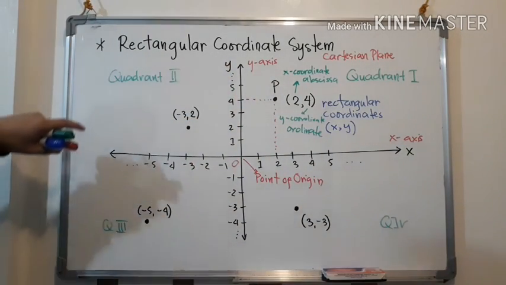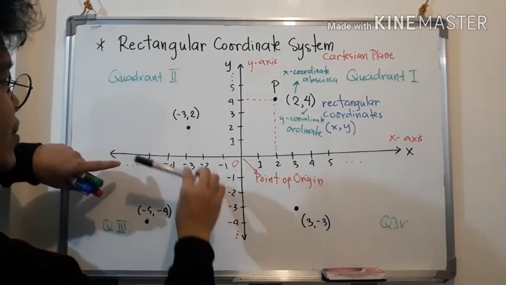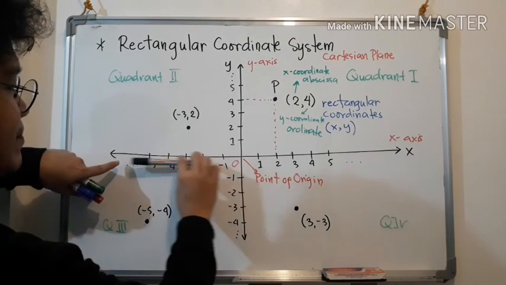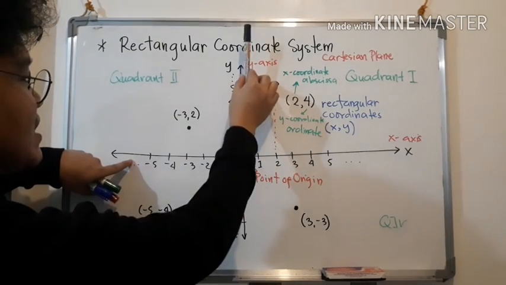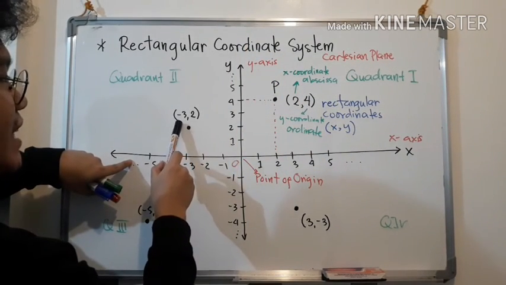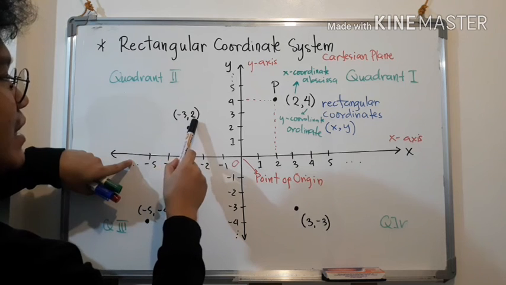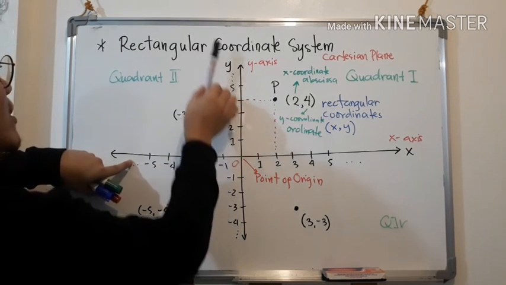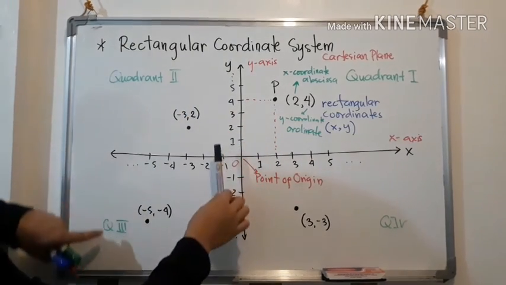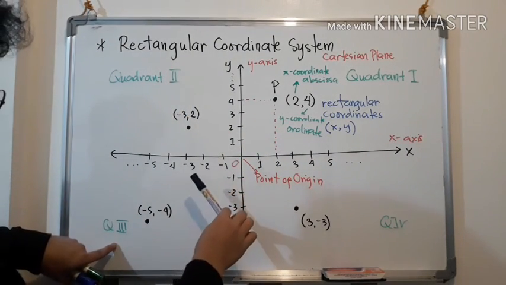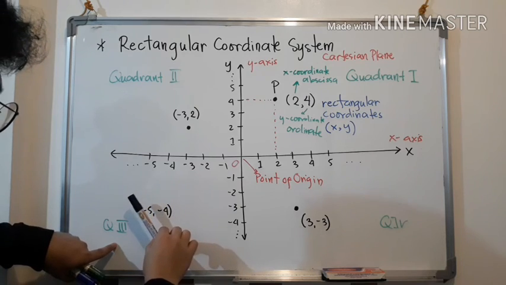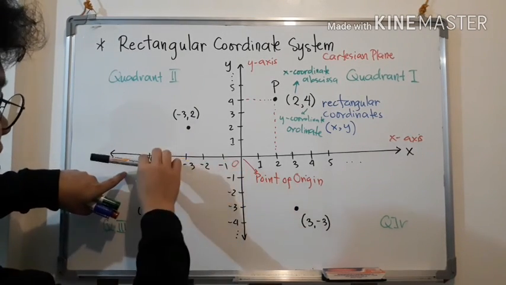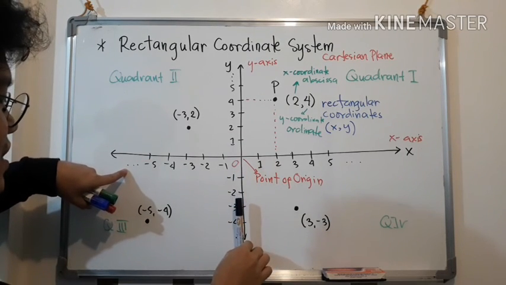Now, for quadrant 2, it is found in the negative x-axis and positive y-axis. Therefore, the abscissa is negative and the ordinate is positive, and it's true for all points located in quadrant 2. Quadrant 3 is found in the negative x-axis and the negative y-axis.